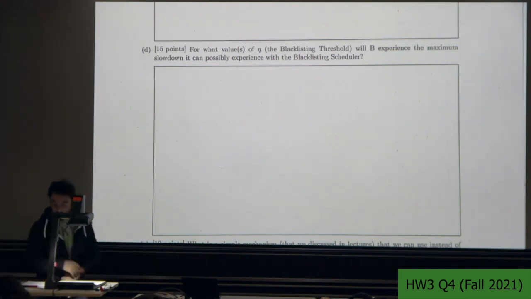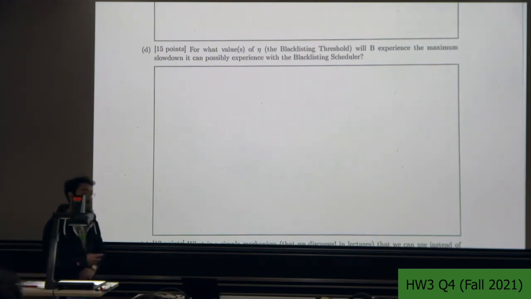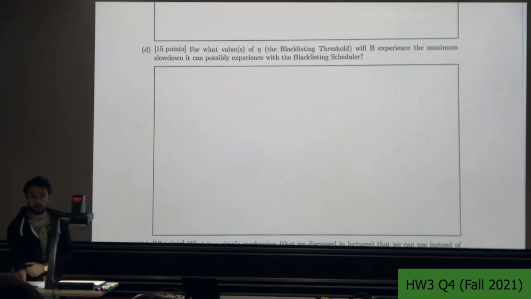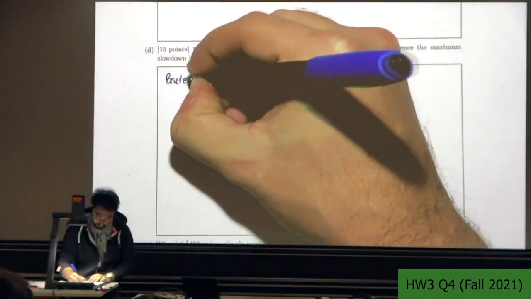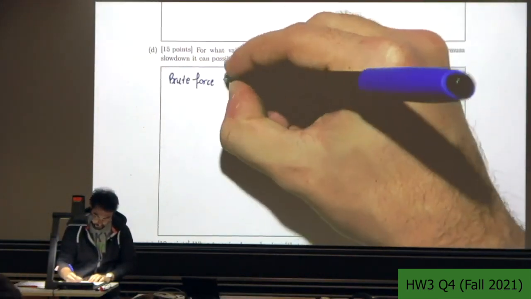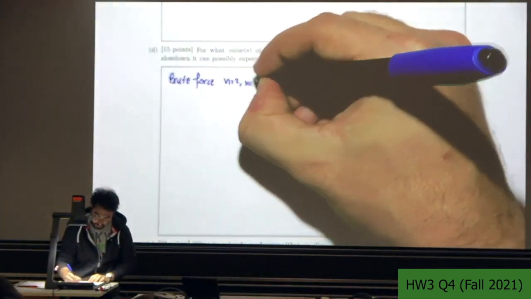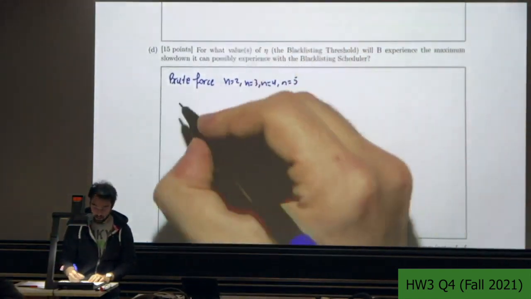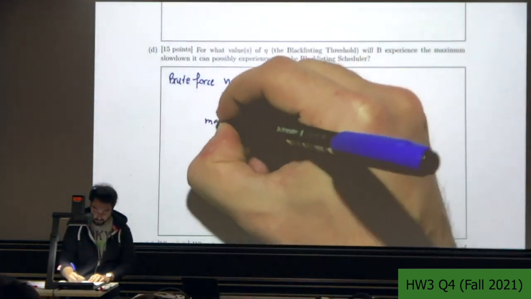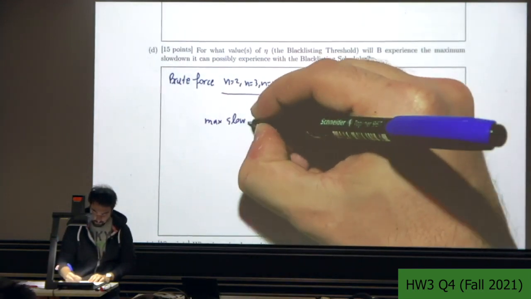So what you would do in this question, you would brute force n equals 3, 4, and 5 to see what the slowdown is for each one of these numbers. So you need to brute force n equals 2, n equals 3, n equals 4, and n equals 5 to see which of these numbers gives the maximum slowdown.